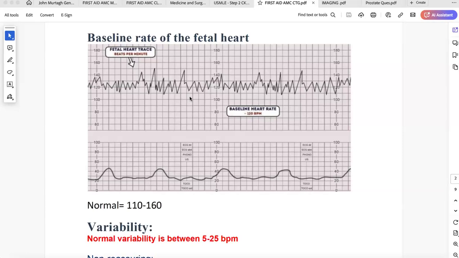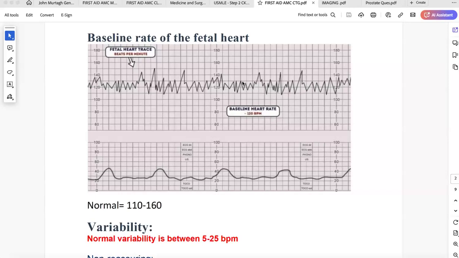No one? 40 to 50. Yeah, so 40 to 50 would be the usual contraction that we would be looking for.